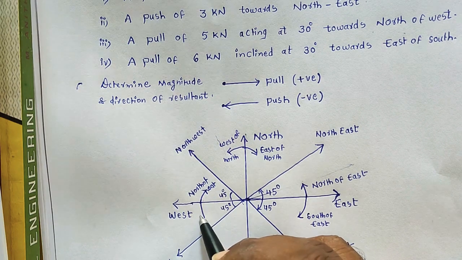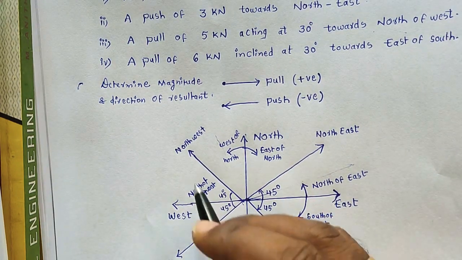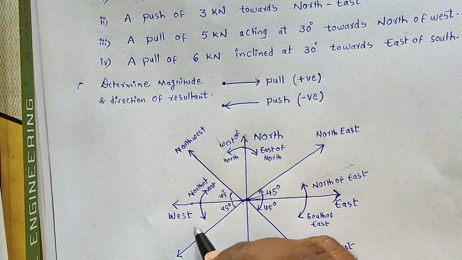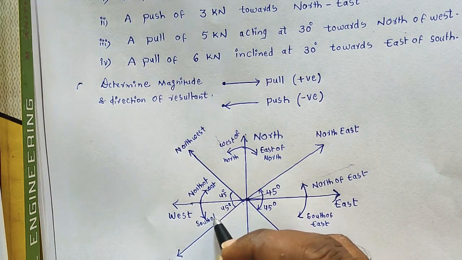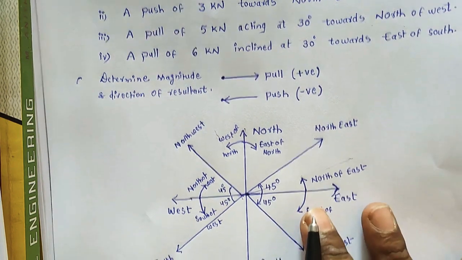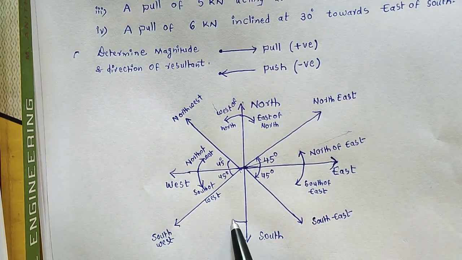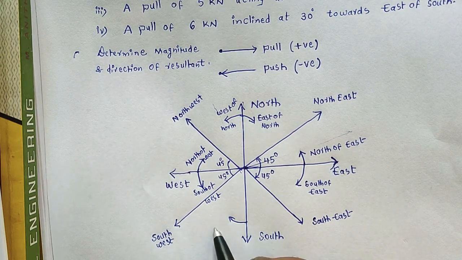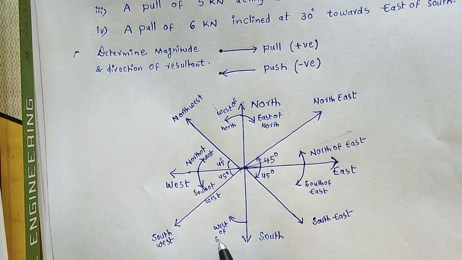So in this direction, in between south and west if you draw any line, then that is south of west. South of west. So if you are moving from south to west, then it is called west of south.